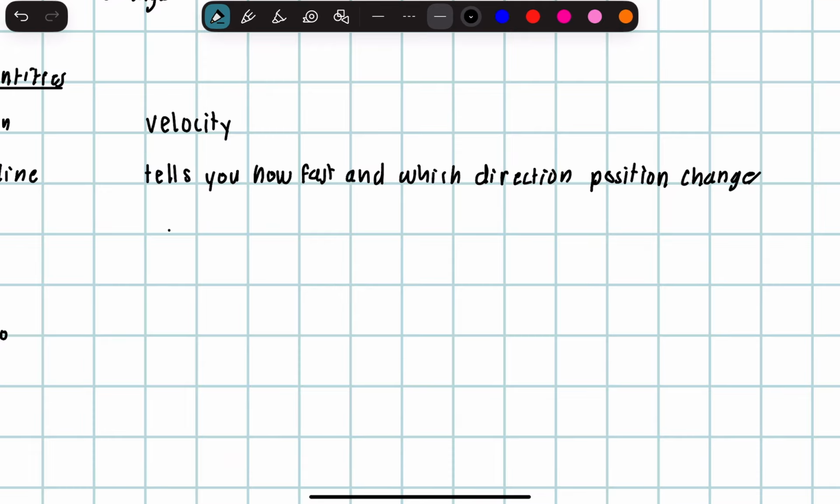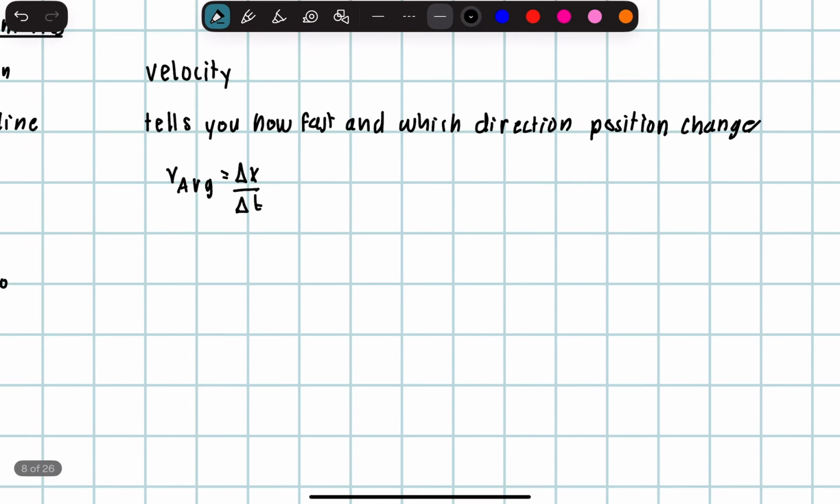Now for your average velocity, this is delta x over delta t. And velocity is instantaneous. And in AP Physics 1, we treat velocity as changing linearly.